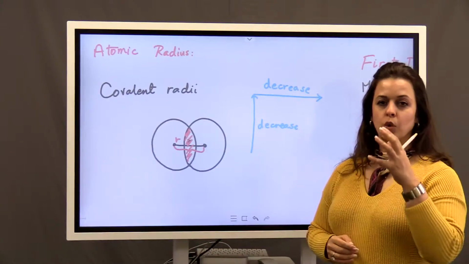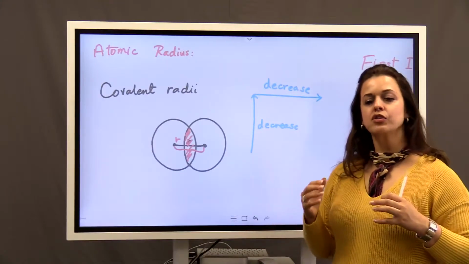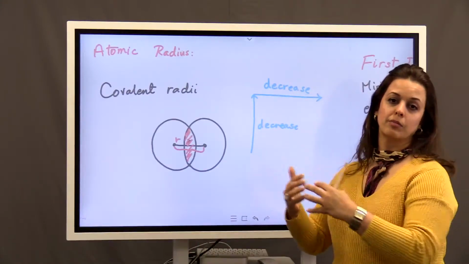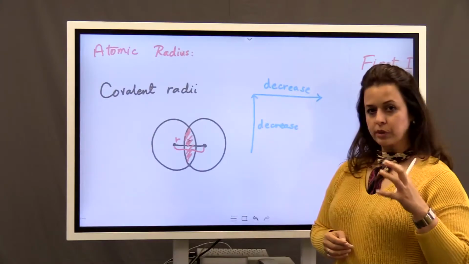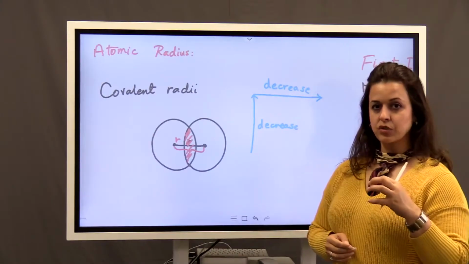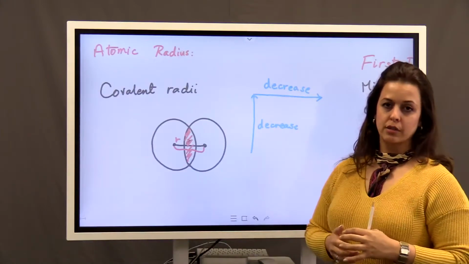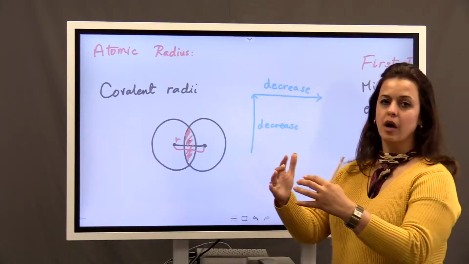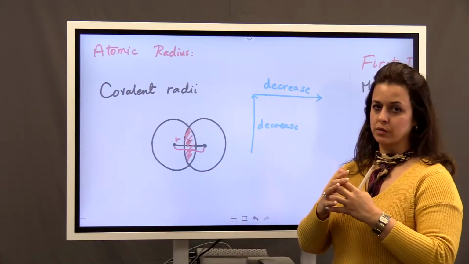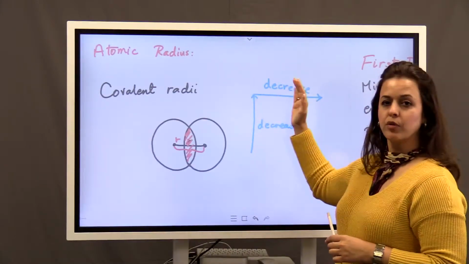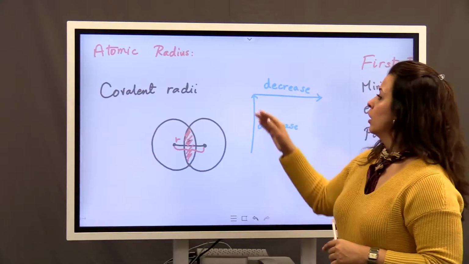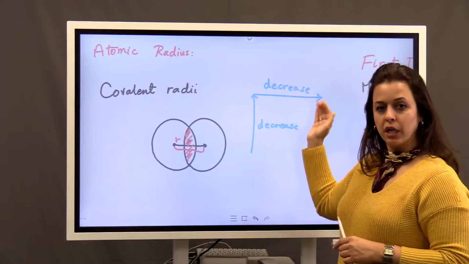So positive and negative charges are increasing at the same time. Protons inside the nucleus with a positive charge attract or pull the electrons. That's why atomic radius decreases, because from left to right across the period, atomic number increases.